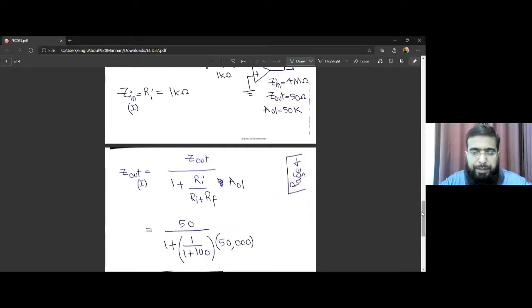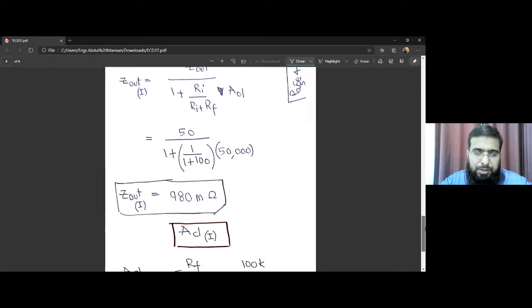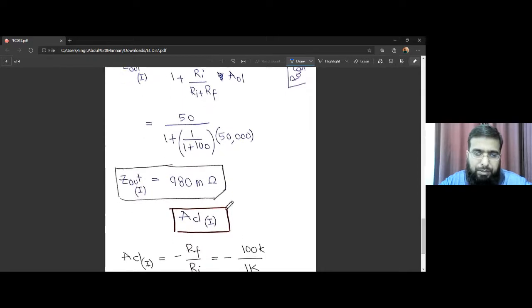This gives us a Z-out equal to 980 milli ohms. It's not mega, it's milli, meaning 10 to the minus 3. It's a very small resistance.